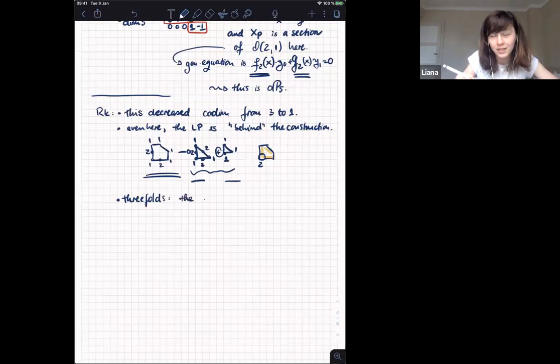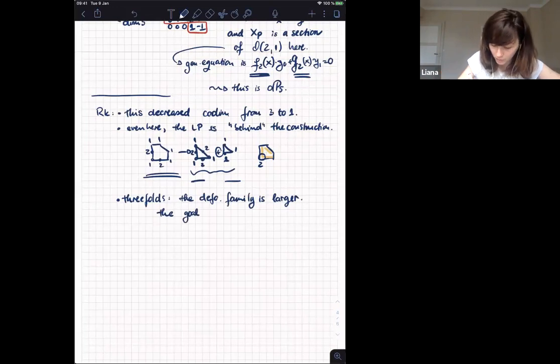So the case of threefolds is significantly more difficult. The moduli space is even reducible sometimes. And so the goal is to find them in the largest possible codimension.